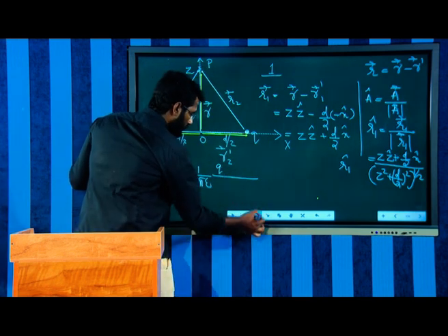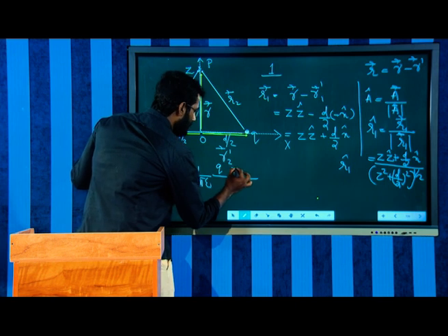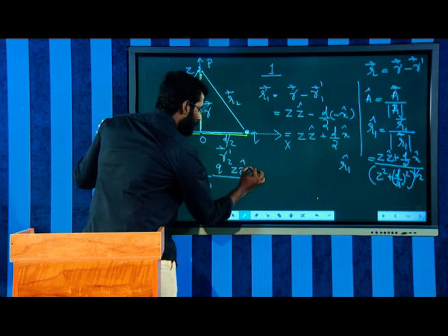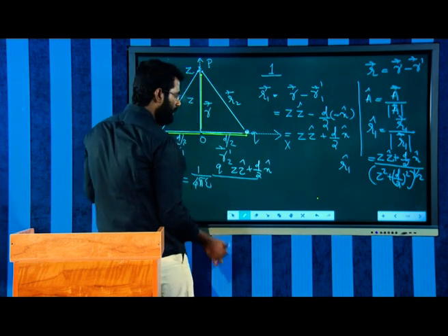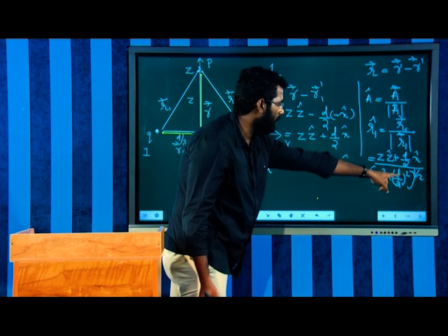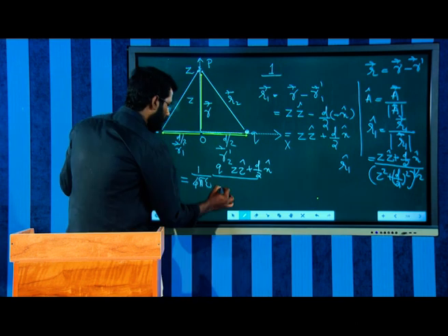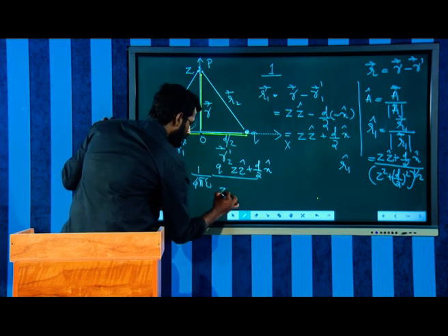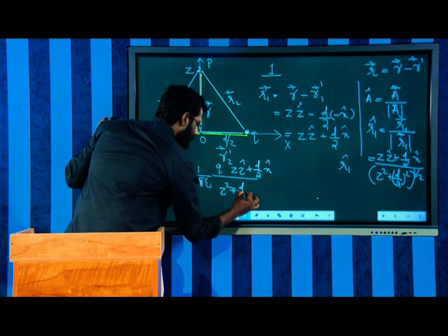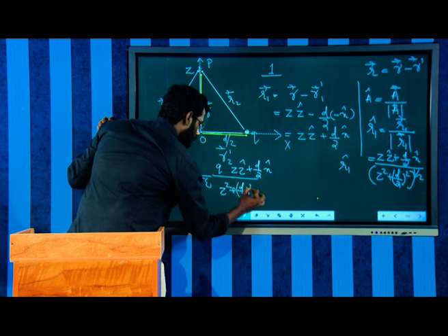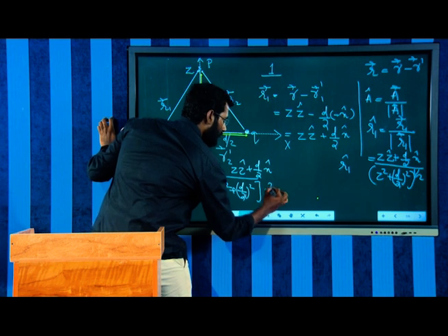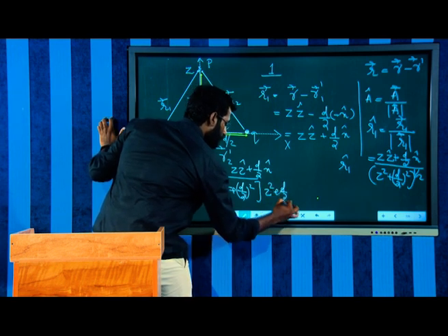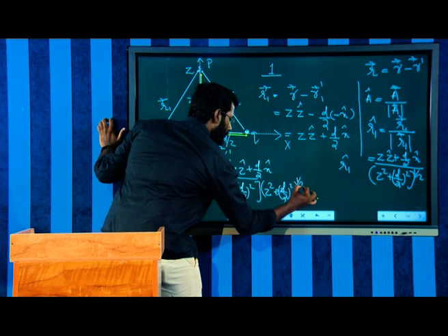Okay, now this is (z cap plus d by 2 x cap) divided by (z square plus (d by 2) the whole square) the whole raised to 1 by 2, into the previous (z square plus (d by 2) the whole square) into (z square plus (d by 2) the whole square) the whole raised to 1 by 2.